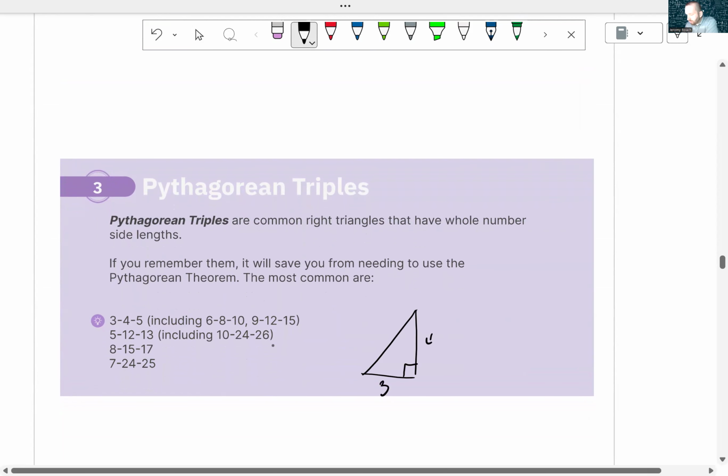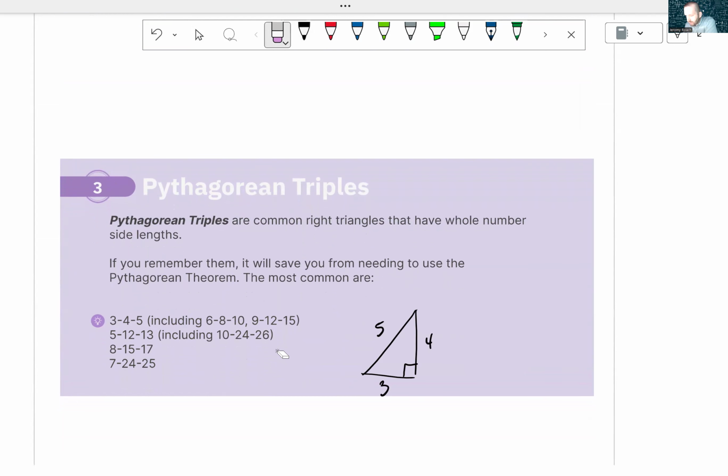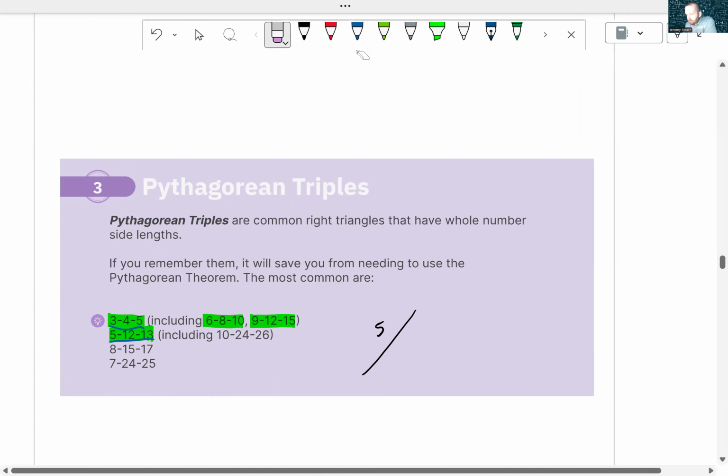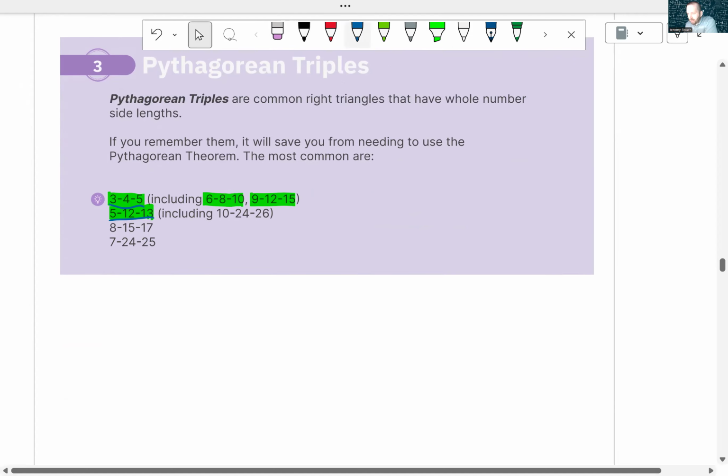We have 3, 4, 5; 6, 8, 10; 9, 12, 15; 5, 12, 13. If you can remember these four, you should be good to go. I think these two are used probably the most often, so you'll need them for some Pythagorean theorem problems.